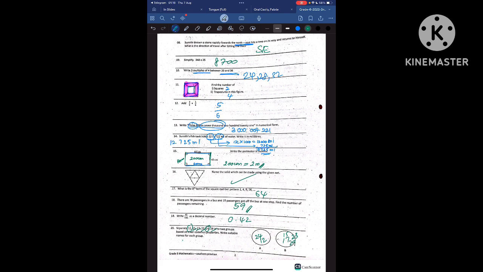This A can be said as the multiples of 2. B can be said as prime numbers.